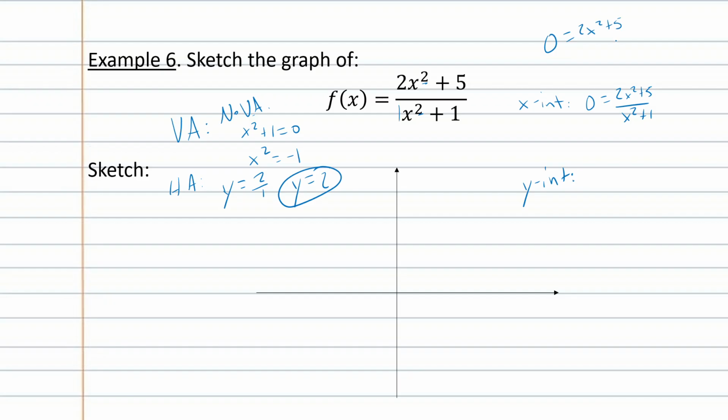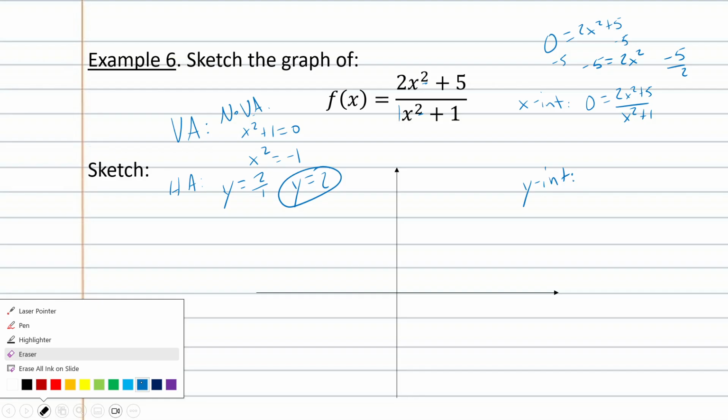If I subtract 5 over to the left-hand side, I wind up with negative 5 equals 2x squared. If I divide by 2, I get negative 5 halves equals x squared. And hopefully what you can see is I can't take the square root of a negative number, so I have no x-intercept.